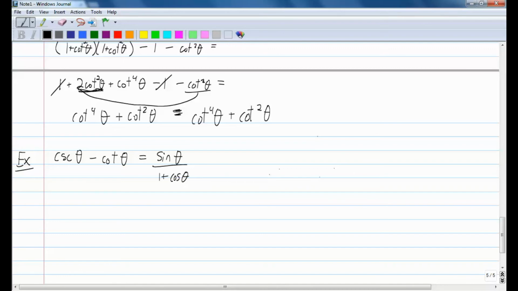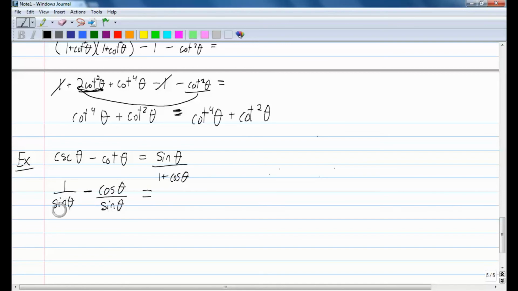You say, what could I do with the left side? I have a cosecant term and I have a cotangent term. So whenever I have those types of terms, I usually try to write everything back in terms of sine and cosine and see where that gets me. Cosecant theta is 1 over sine theta. Cotangent theta is cosine theta over sine theta.